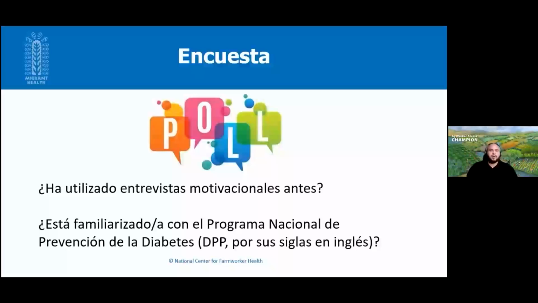Yes, no, or I don't know. You can always answer through the chat box if you prefer. The second question asks whether you are familiarized with the National Diabetes Prevention Program. That's the DPP, Diabetes Prevention Program. So again, the answers are yes, no, or I don't know.